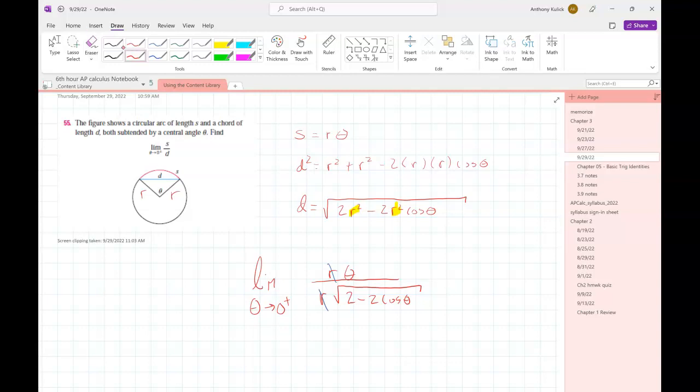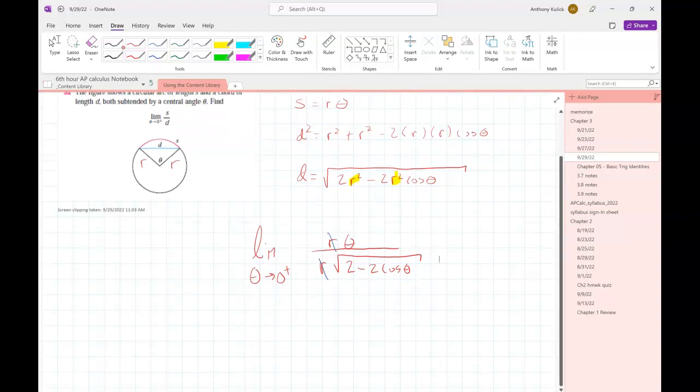Well, there's not really a conjugate to use because it's just a single thing. I don't think that's going to help me a whole lot. Let's think. There's got to be something else we can do here.